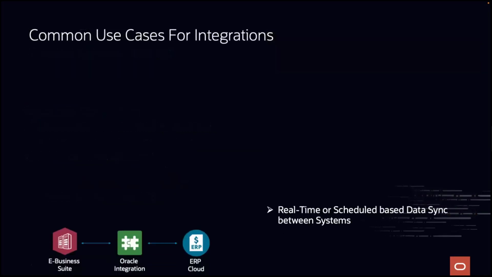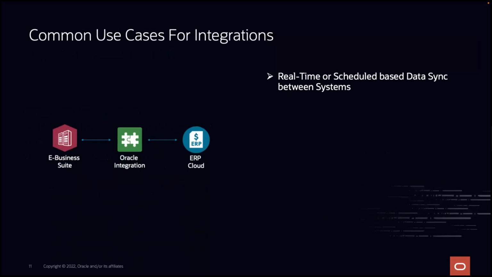So let's look at some common use cases for integrations, right? The first one is real-time or schedule-based data sync between systems. In scenarios where you have a couple of on-prem systems, say E-Business Suite is your on-prem system and you're trying to migrate to the cloud, the migration is not going to be one big bang jump, right?